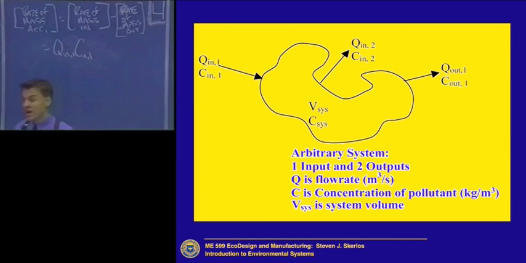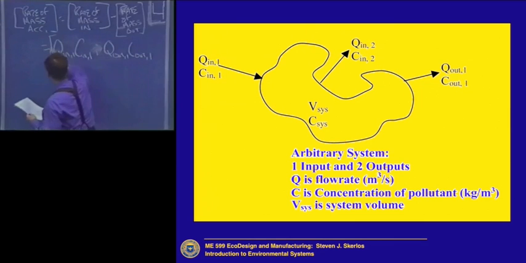All right, what's the rate of mass going out? You've got two outflows here, so you'd add them together: Q out 1, C out 1 plus Q out 2, C out 2. Just writing that out. And why did I put a minus here?